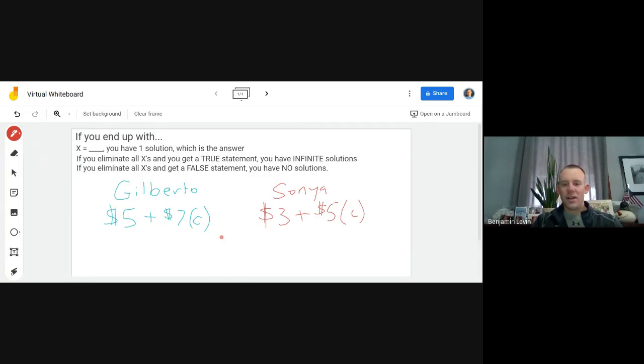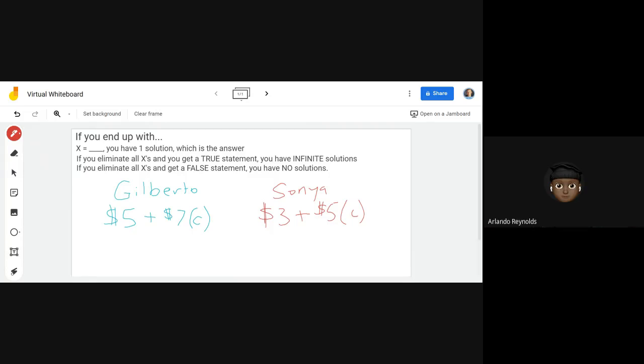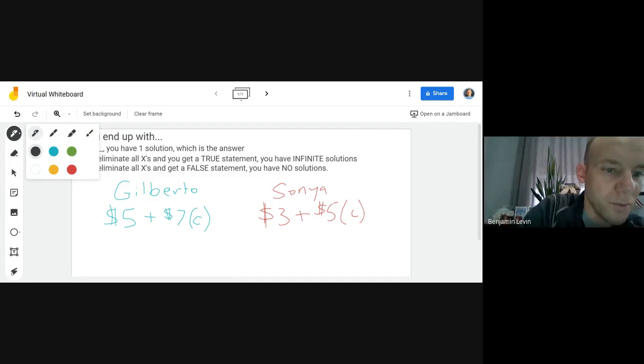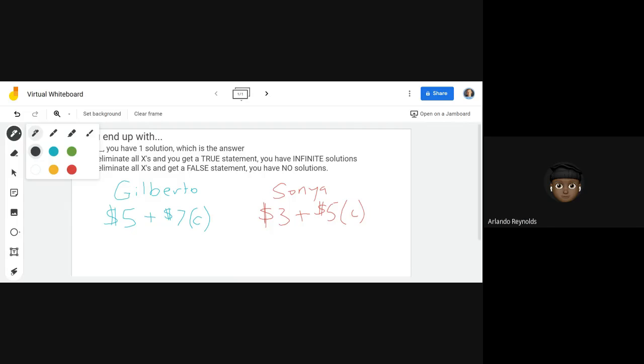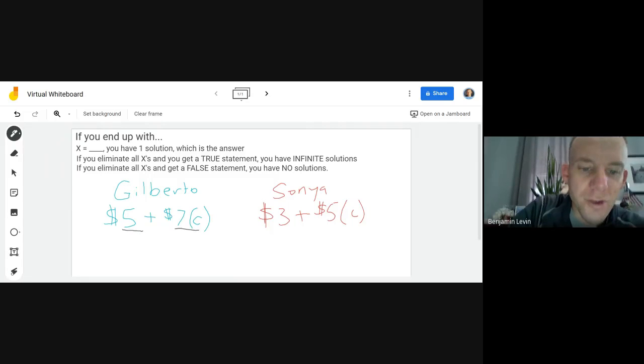So let's see if we can solve for this equation. How many colors should they use to make the same amount of money? Let me add that up. 5 plus 7 equals 12. Well, hold on. We can't do that. Those are not like terms.